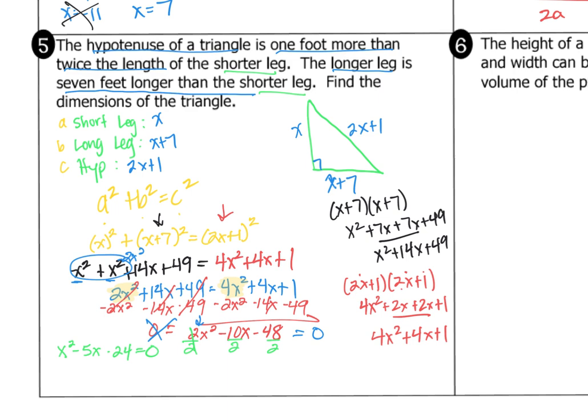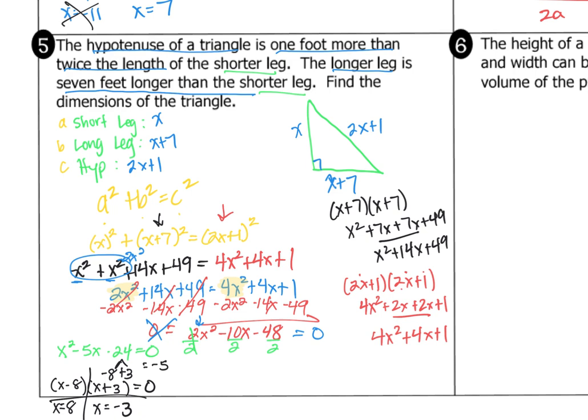We're looking for two numbers that multiply to negative 24 and add to negative 5. And that would be negative 8 and positive 3. And we would have x minus 8 in parentheses, x plus 3, all equal to 0. We would T-bar, and we're going to get x equals positive 8 and x equals negative 3.